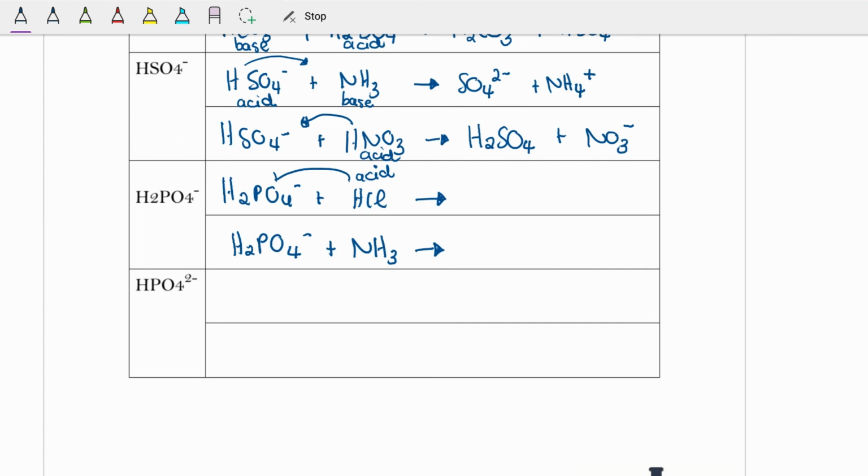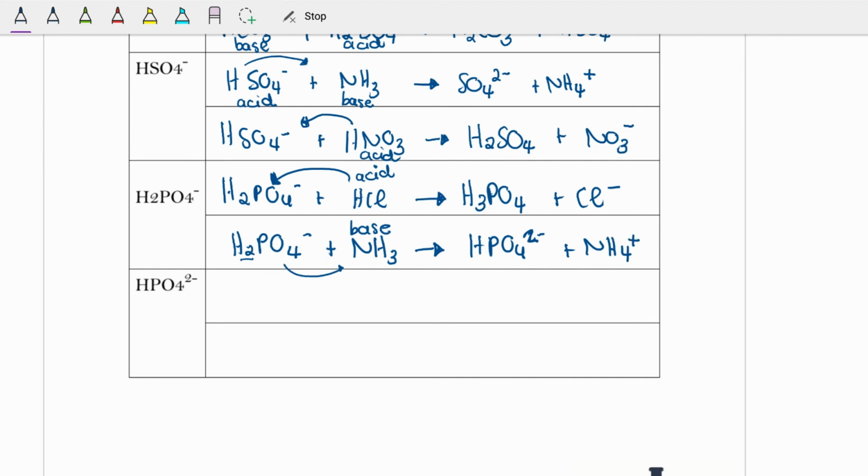It will give another proton to H2PO4 minus to become H3PO4 and a chloride ion. Then in this case, your ammonia is your base, so it is going to accept a proton from here. Write down what will remain. That's HPO4 2 minus plus ammonium.